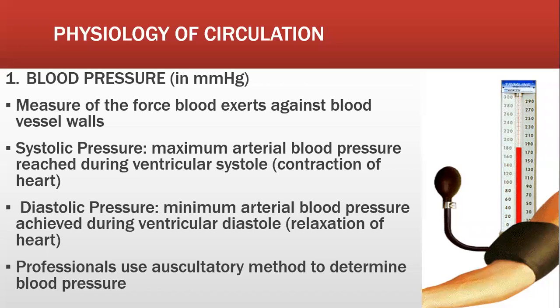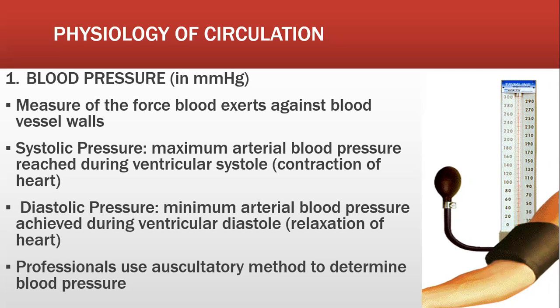So yan. Physiology of the circulation. Blood pressure measures the force blood exerts against the blood vessel walls. Systolic pressure is the maximum arterial blood pressure reached during ventricular systole, or contraction of the heart.